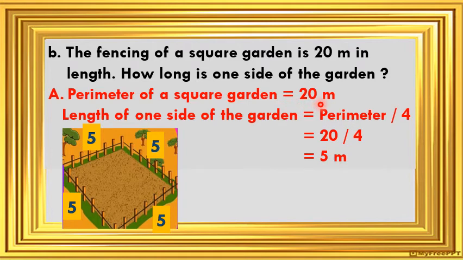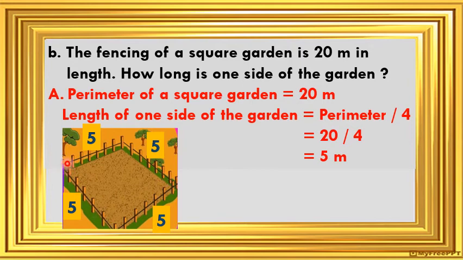Since the garden is square, all four sides are of equal length. So length of one side of the square garden is perimeter divided by 4. That is 20 divided by 4. We get 5 meters. So one side of the square garden is 5 meters.